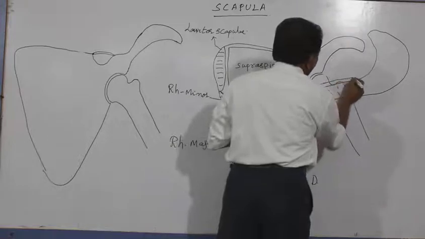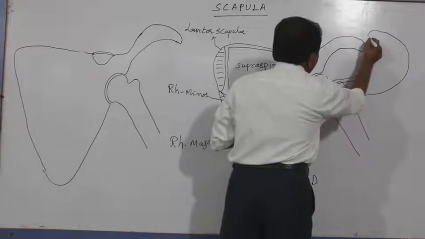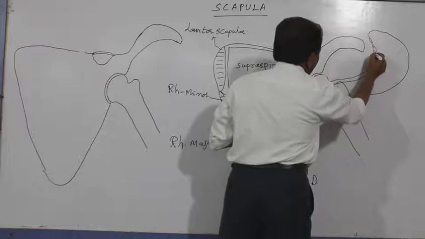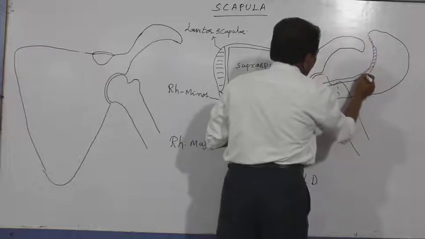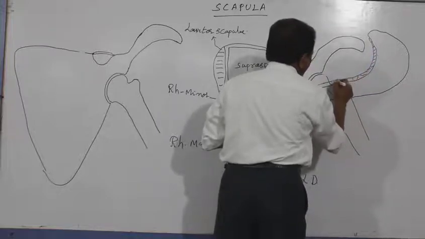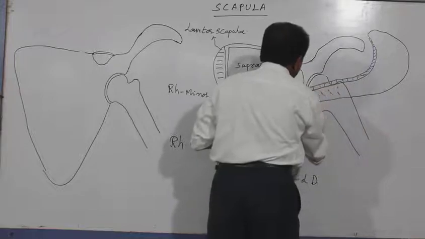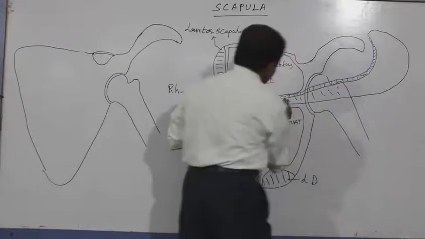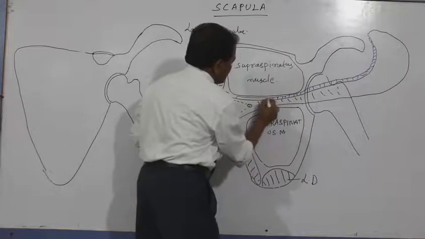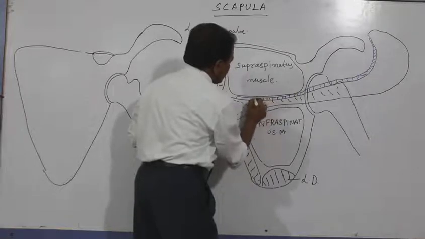And it also extends up to the medial border of the acromion process of the scapula. This is the insertion of the trapezius muscle.